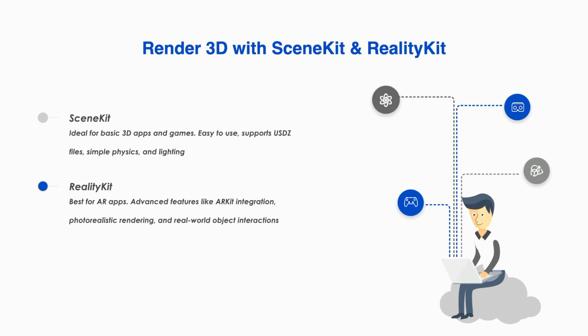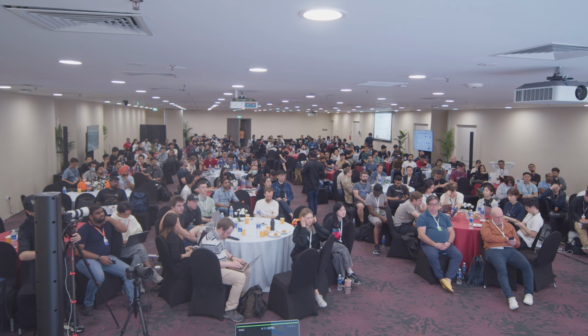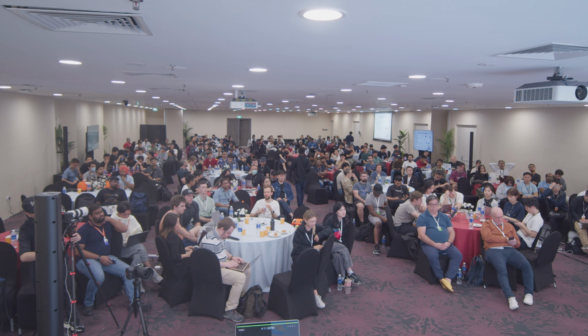So here is the difference between RealityKit and SceneKit. RealityKit has a lot of AR support. With ARKit, you need to use UIViewRepresentable, wrap it up, and use it the old way. But with RealityKit, it directly supports SwiftUI.